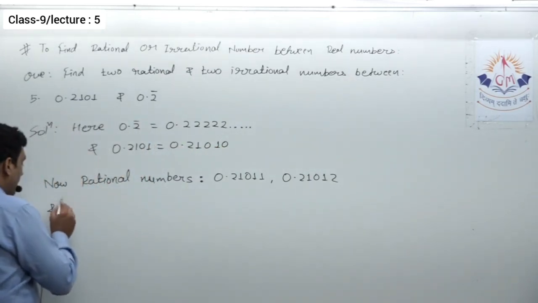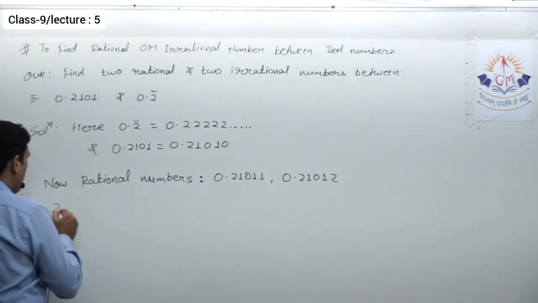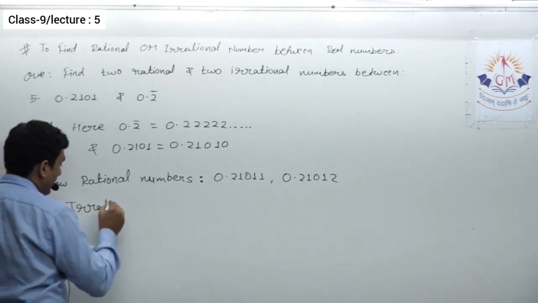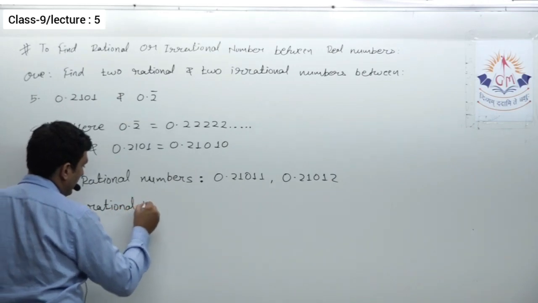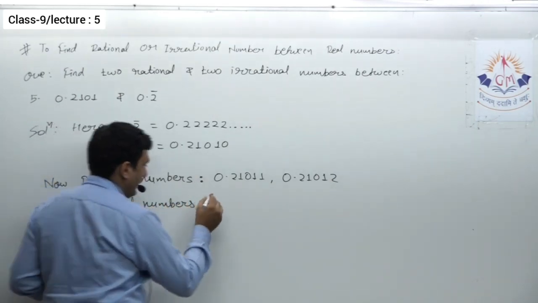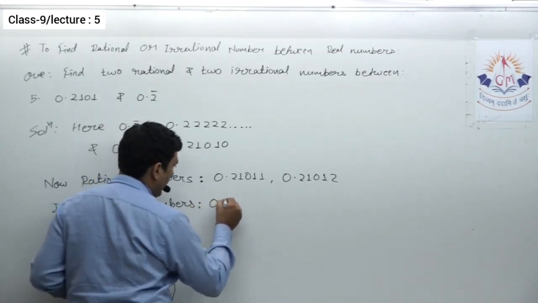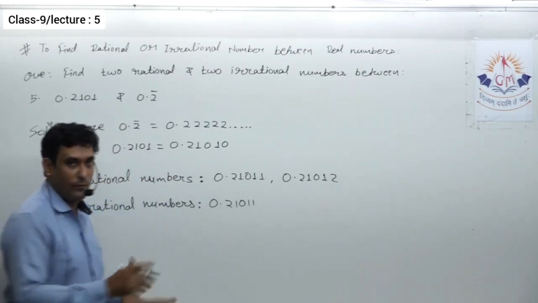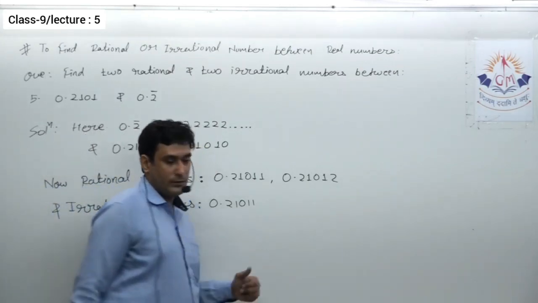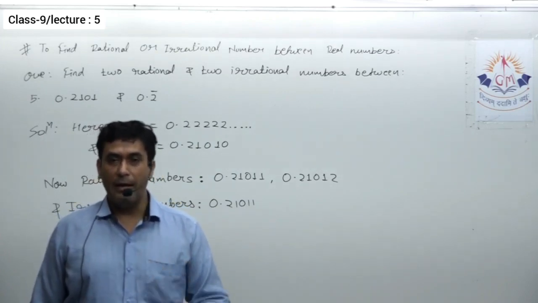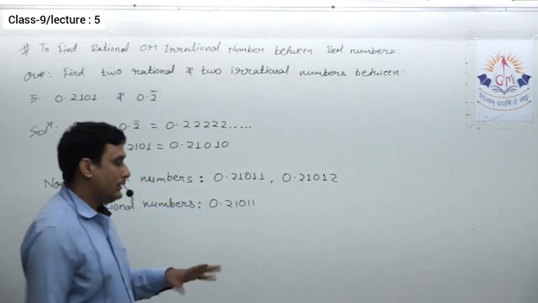Again I am repeating myself, as I have two rational numbers between the given numbers, it is very easy for me to write irrational numbers. I write with that only 0.21011, and then after that I write whatever I want, keeping two conditions in mind: that number should not repeat itself and it should not terminate.